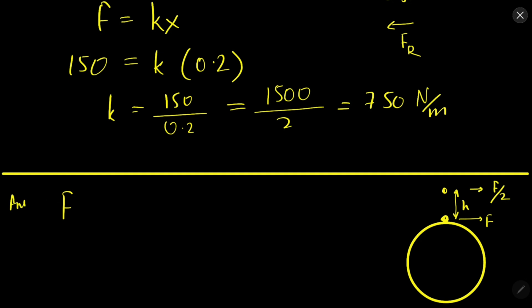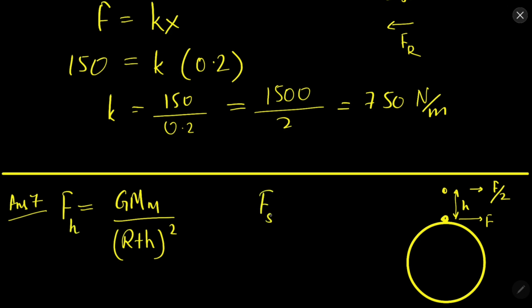So force will be G M m upon (r plus h) whole square, and this is at height h, and at the surface the formula will be G M m upon r square. This is r and this is height.